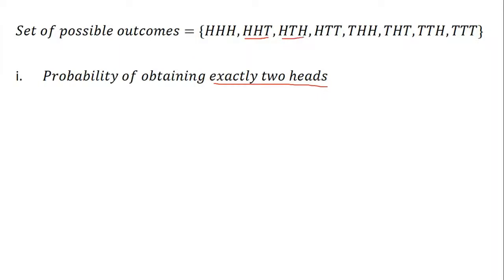This is the second one because it has 2 heads, and this is the third one. The others have 3 heads or 1 head. We are not looking for that. We are looking for exactly 2 heads, and these 3 satisfy that condition. So the number of members in this event is 3. Our sample space is 8. So the probability is 3 divided by 8.